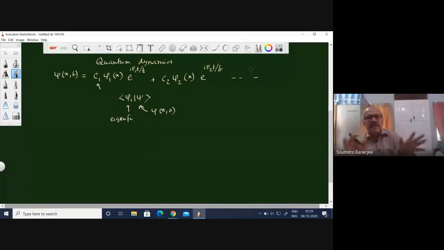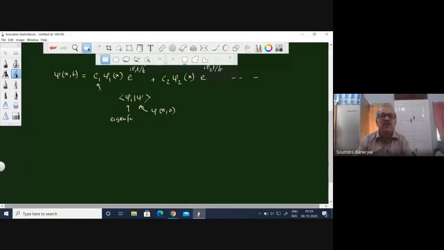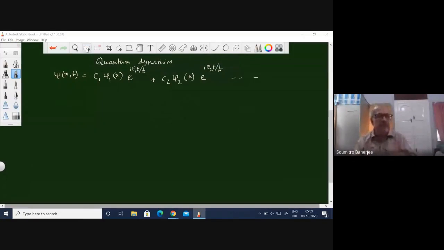Now, this is a way of doing that. There is another possible way of doing that, which I briefly talked about when I was talking about the mathematical part, where I said that the Schrodinger equation is i h cross dt of psi, which is a function of x and time.